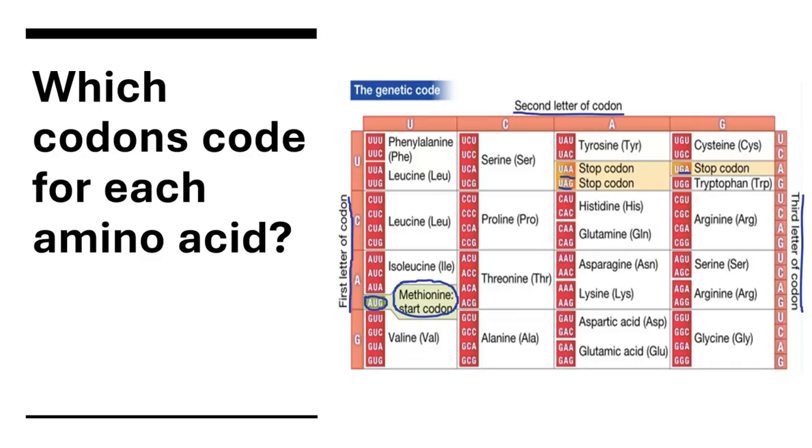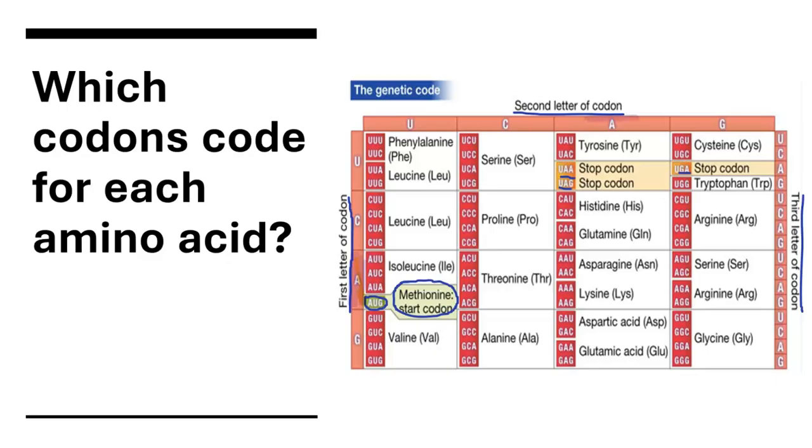So if we wanted to, let's say, find the amino acid for the codon AAA. A is our first letter, so we would look in this A block here. Let me get a different color. See if we can make this a little bit easier to see. Yeah, it's still hard to see. But this is our A block.